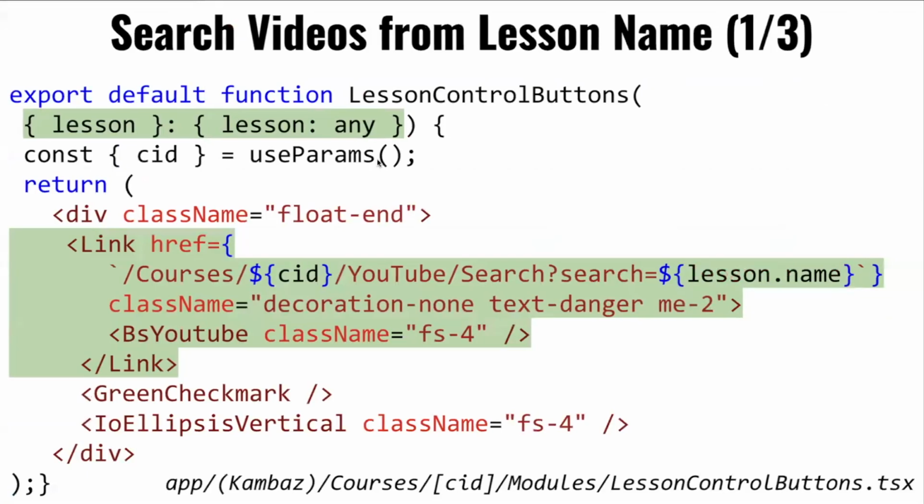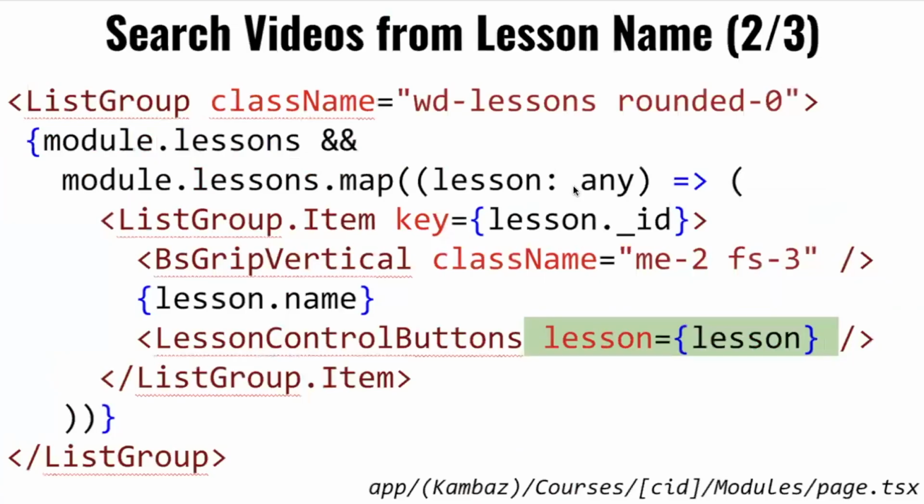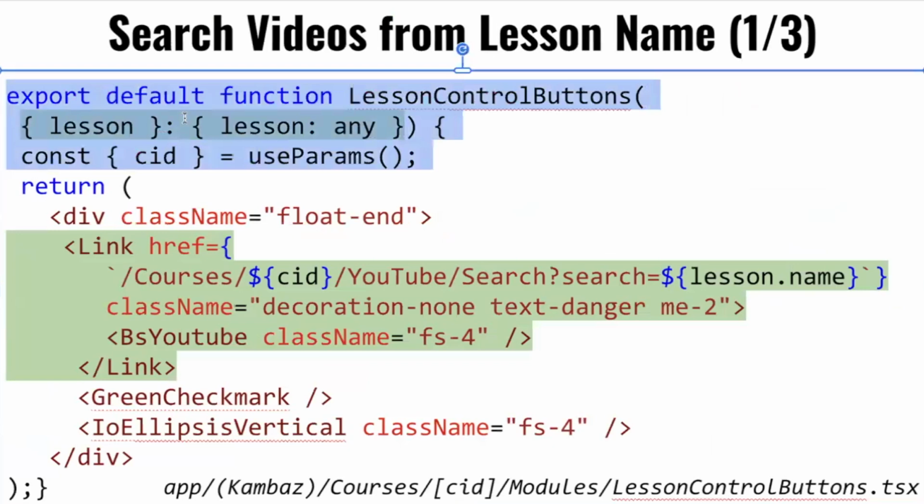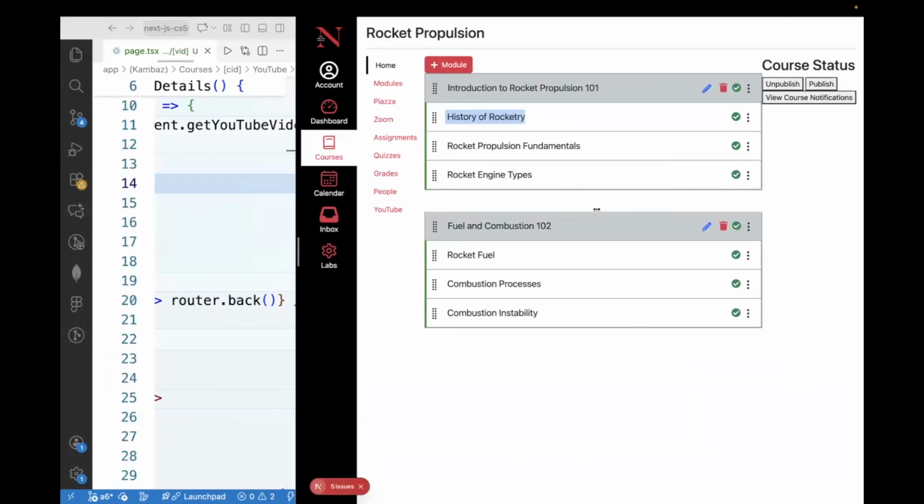So we're going to receive the lesson object that's going to include the name of the lesson. So let's do that. Let's add it here to the lesson control button. We're going to add the lesson object so we can pass it as an argument.